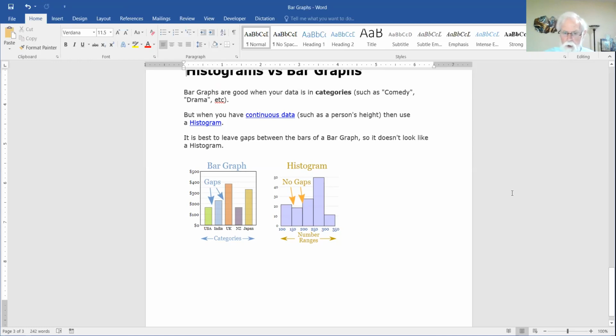I mean, your measurements would be there, but when you presented the data, you'd be looking at those ranges, right? Or you might look at the effect of discounting on sales. You might do ranges on that as well. So there are plenty of places where you would do that.